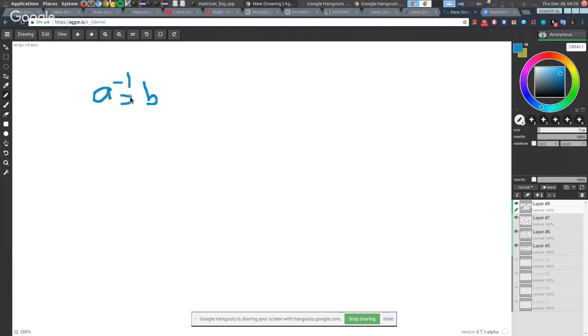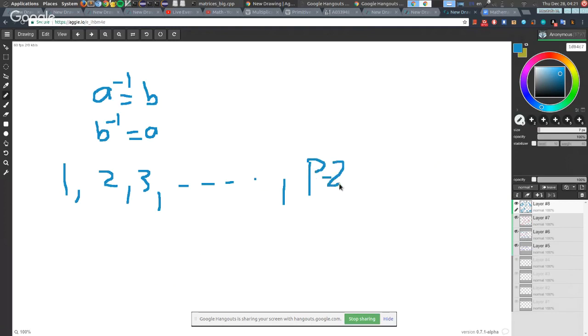So a inverse is equal to b, so b inverse will be equal to a. From here we can make this deduction about all these numbers, 3, 2, 1, and so on.